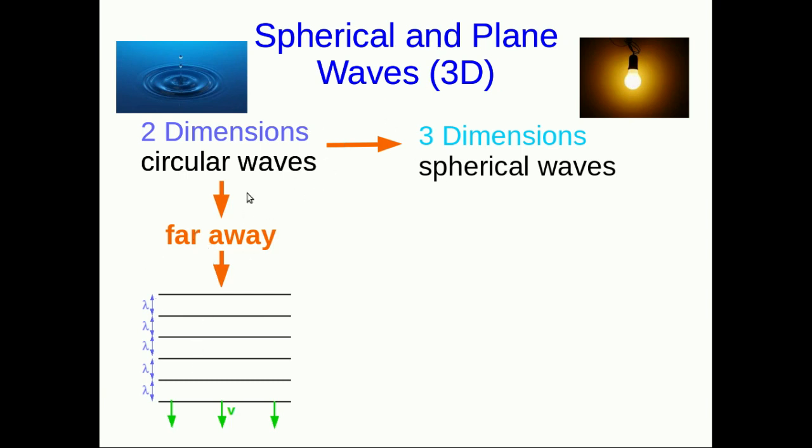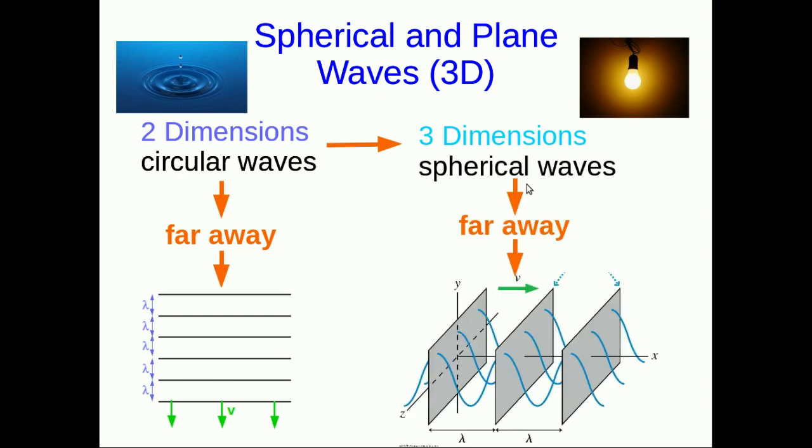And so far away, the circular waves look like straight line fronts. Well, similarly, when you're in 3 dimensions and you're far away from a source, those spherical waves now look like planes. Just like when you're standing on the surface of the Earth, you don't notice that you're standing on a sphere.